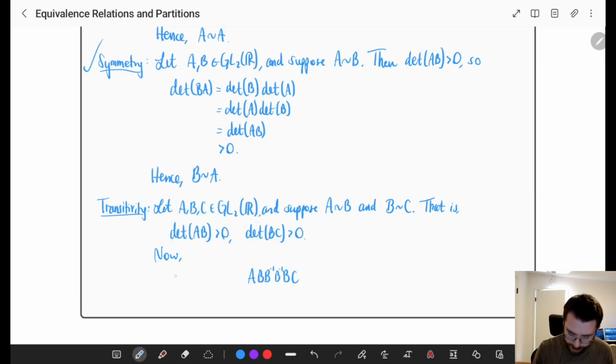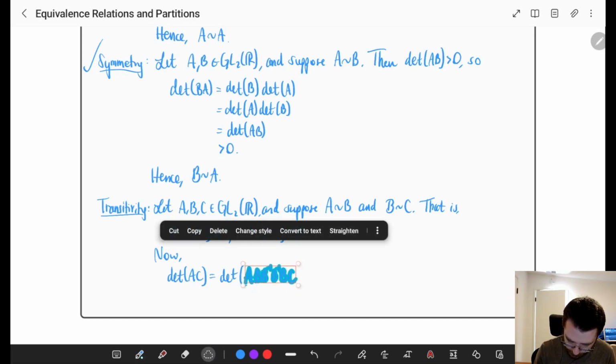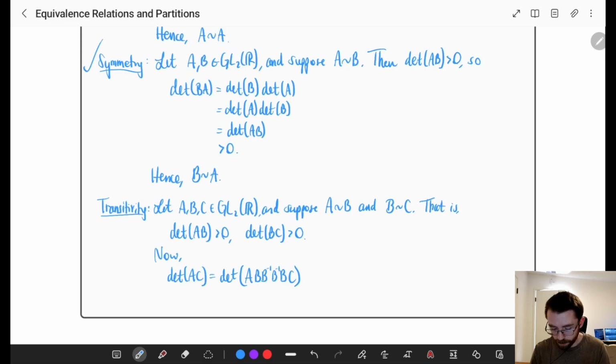So great. The thing I'm looking for is determinant of AC. I can write that as the determinant of AB, B inverse, BC. And then I have multiplicativity. This is det AB. So I'll separate them into pairs: B inverse, determinant BC.